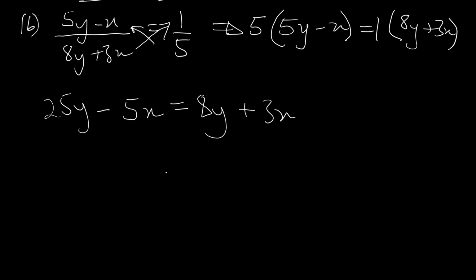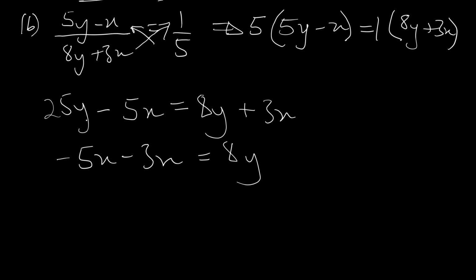Now we can group like terms. We have negative 5x minus 3x, because when the 3x crosses the equal to sign, it becomes negative. This will be equal to 8y.